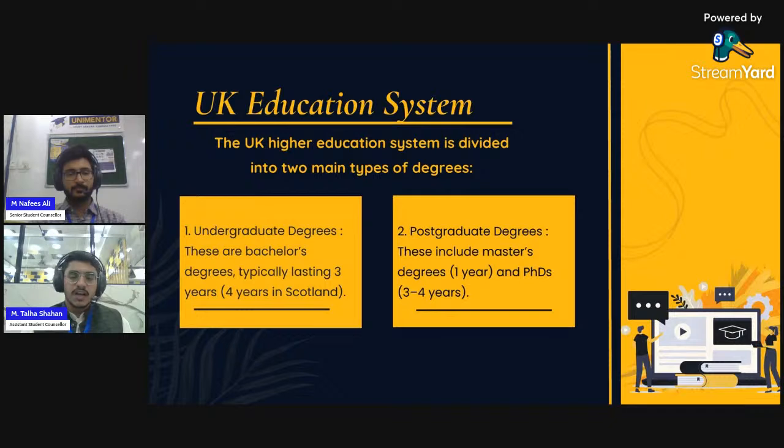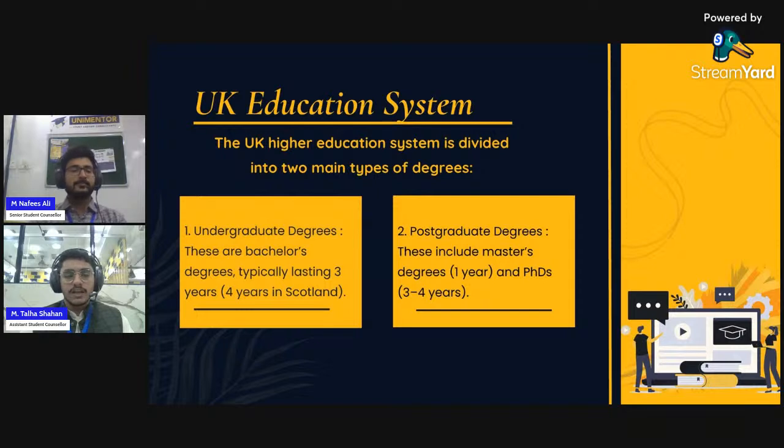Some common names that we all know are Oxford, Cambridge, etc. And one fun fact here is that many institutes that have the term college in their name are among the most prestigious institutes in the UK, like Imperial College London, King's College London, and University College London.